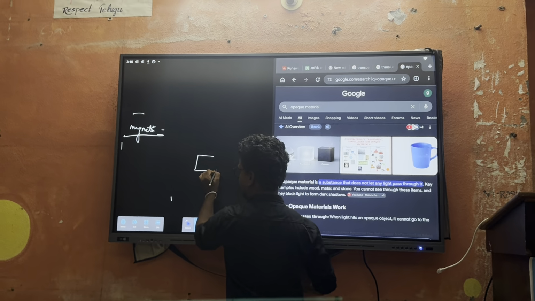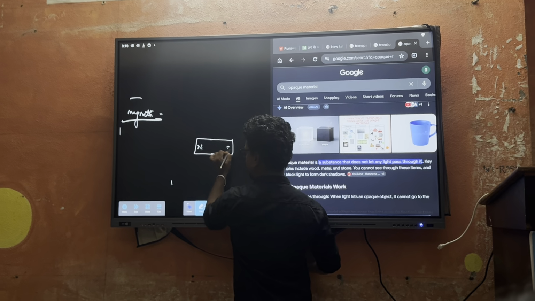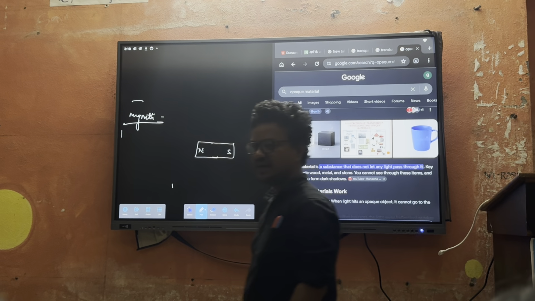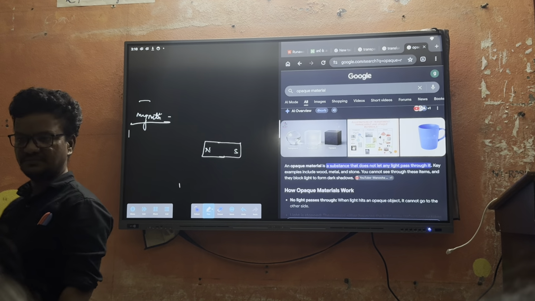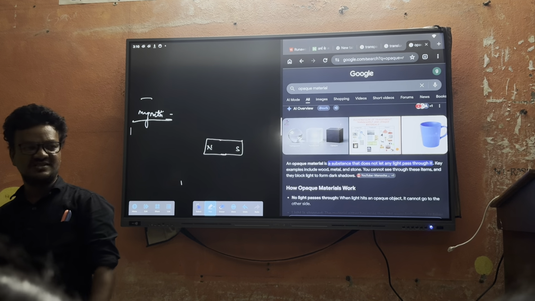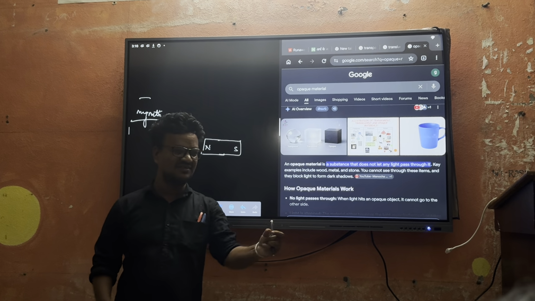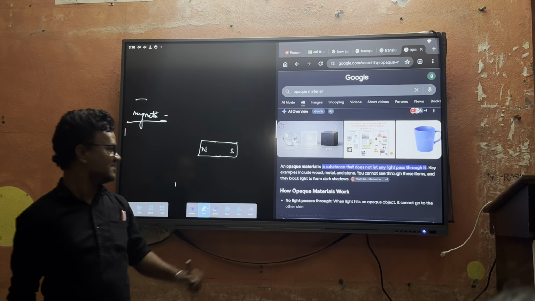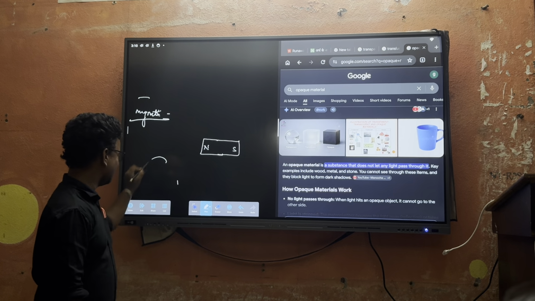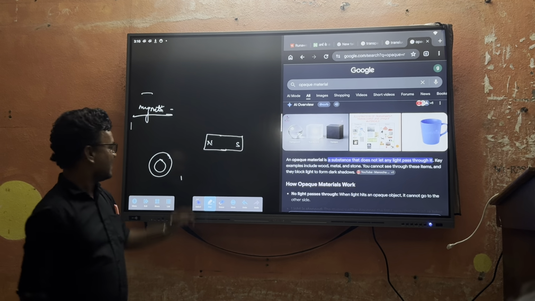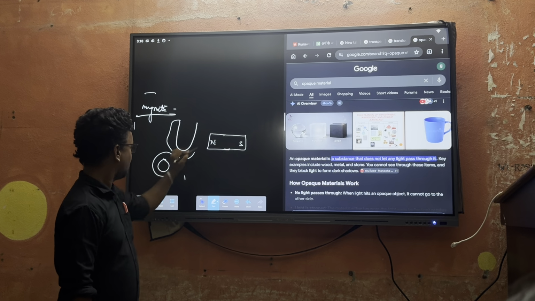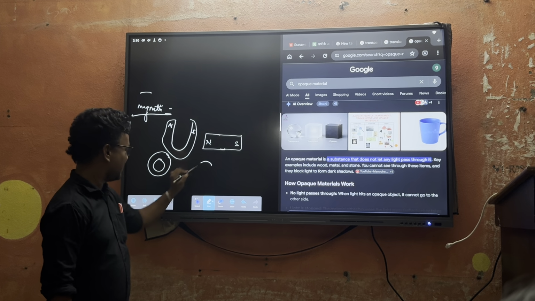Do you know the types of magnets, children? These are all types of magnets, with north and south poles: the bar magnet, the ring magnet, and the horseshoe magnet. These are the types of magnets.